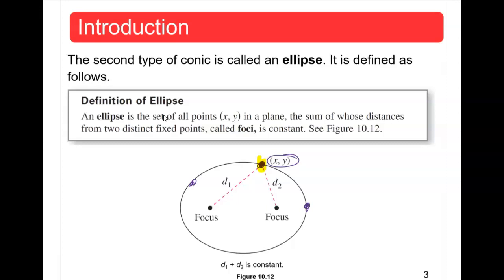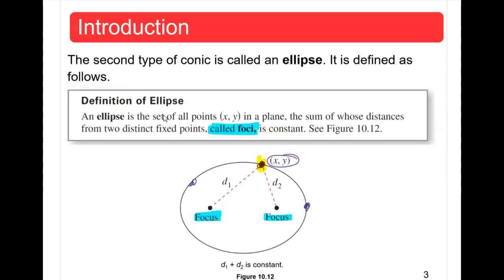So the points in the plane, and the sum of whose distances from two distinct fixed points called foci is constant. The word foci is the plural for focus.